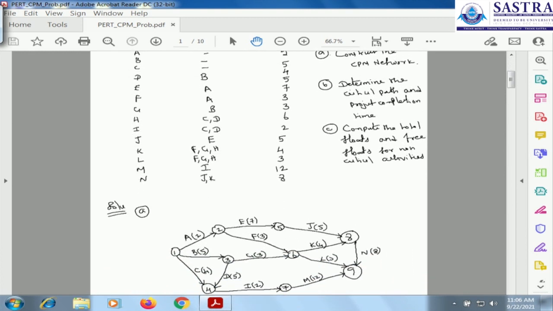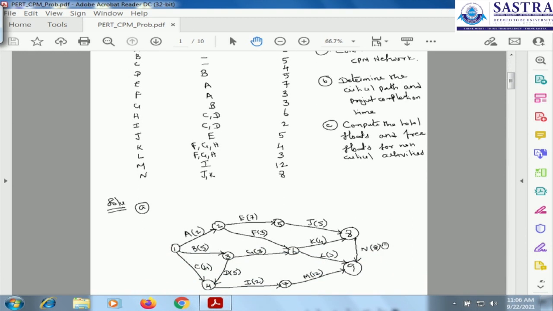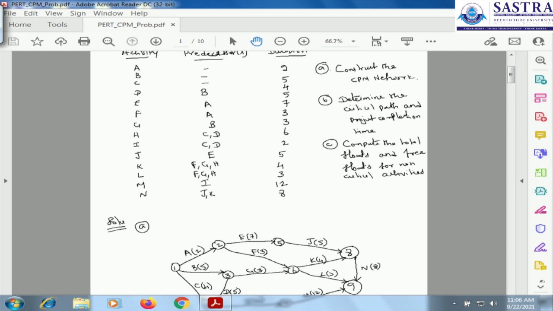So for the CPM network, the activities start from A, and there is no predecessor for A. Activity B has no predecessor, and activity C has no predecessor.